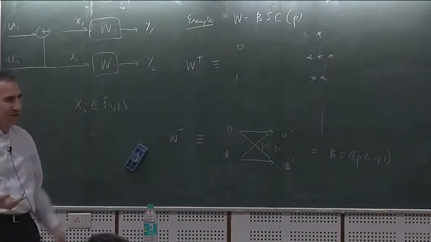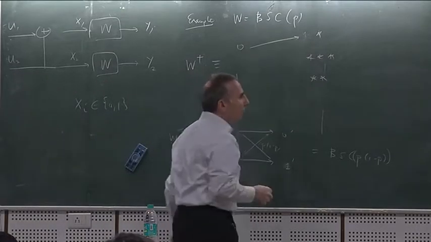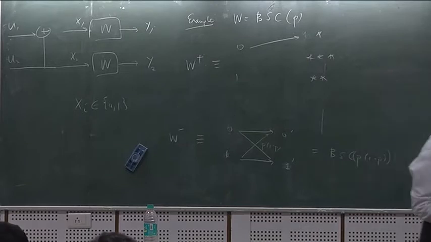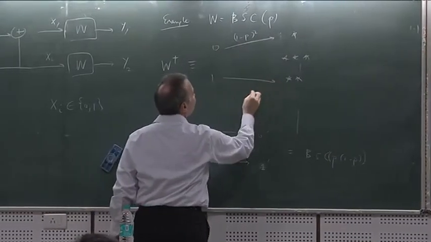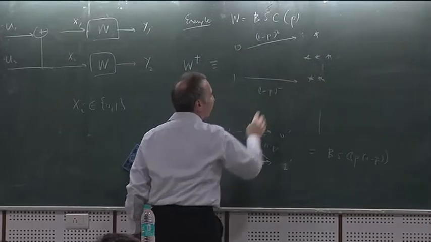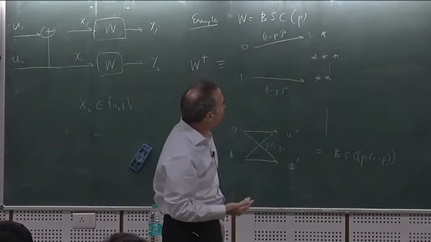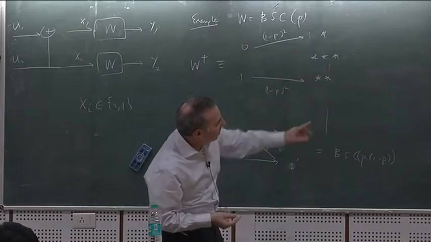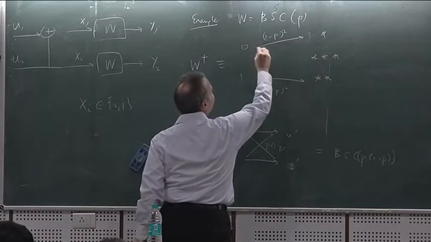You go from 0 to star with probability, which is the sum of these two things, 1 minus p squared. It's the same as going from 1 to double star, 1 minus p squared. From 0, you might go to double star with probability half p squared plus half p squared, which is p squared.